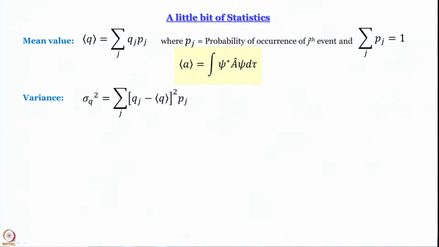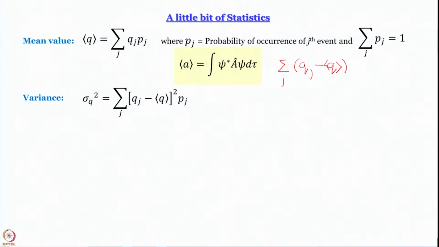Suppose I do a summation of this Qj minus mean value of Q. What do I expect to get? Let us say I do something like this, sum over j Qj minus average value of Q. Excuse my bad handwriting, especially as I am using a stylus.